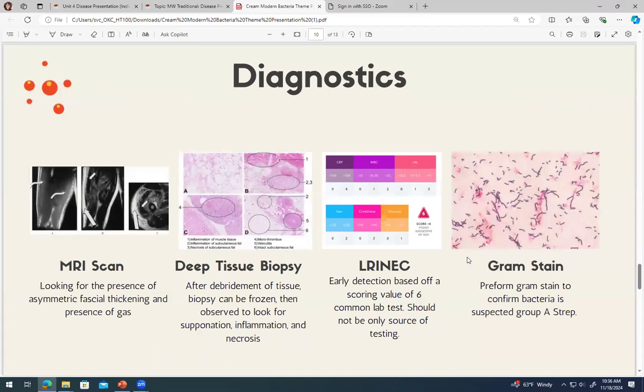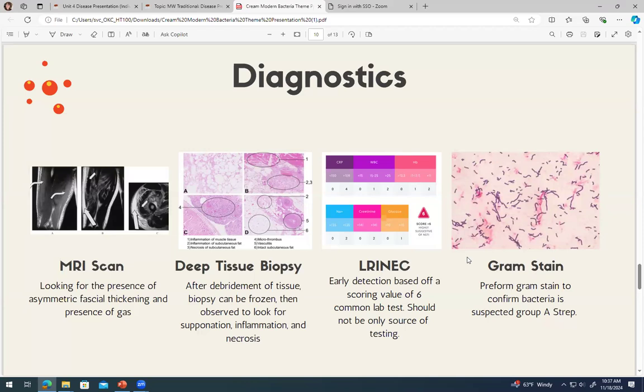Your diagnostics, you have your MRI scan like we saw earlier. You can look at your MRI and see the presence of fascia thickening and gas present. Your deep tissue biopsy, after you take some of that necrotic tissue out, they'll send it off to lab, they'll freeze it, and then look at it underneath the microscope and look for inflammation, skin cells that are dead.